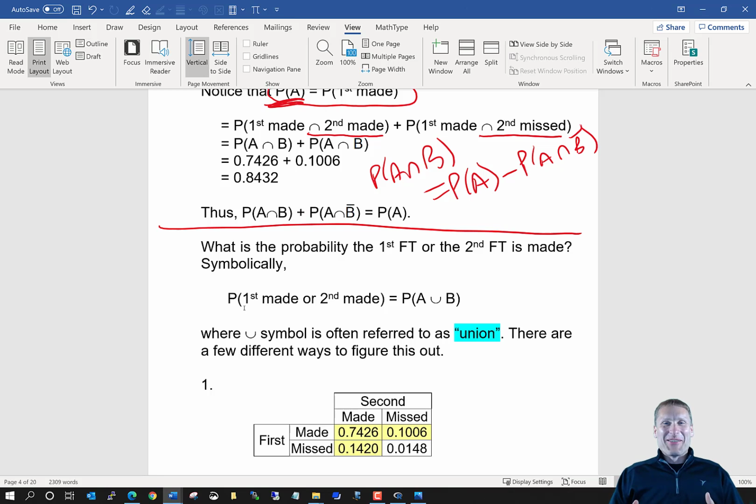It's hard to say some of this stuff sometimes. This means A occurs or B occurs, or A and B both occur. Okay? And we can write this symbolically like this. The probability of A, and then this symbol that looks like a U.